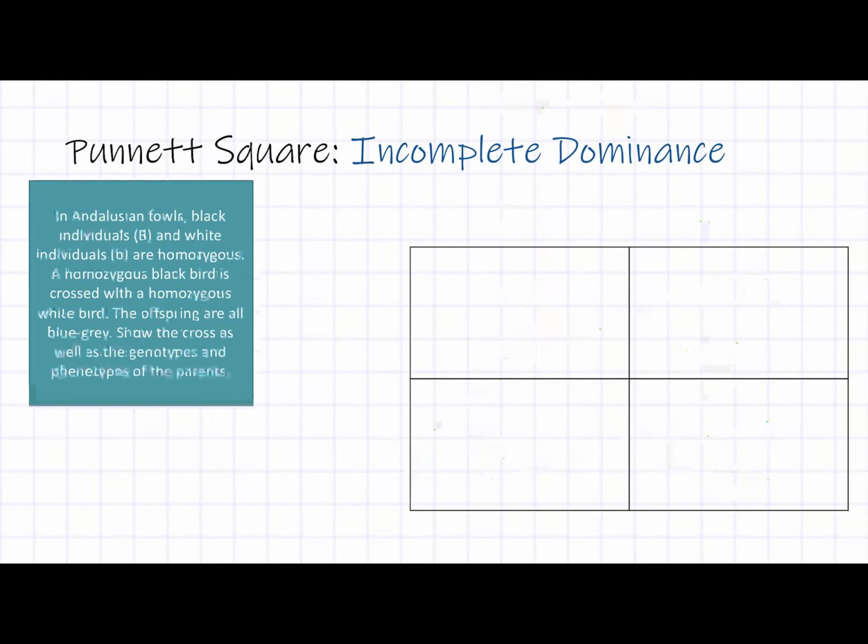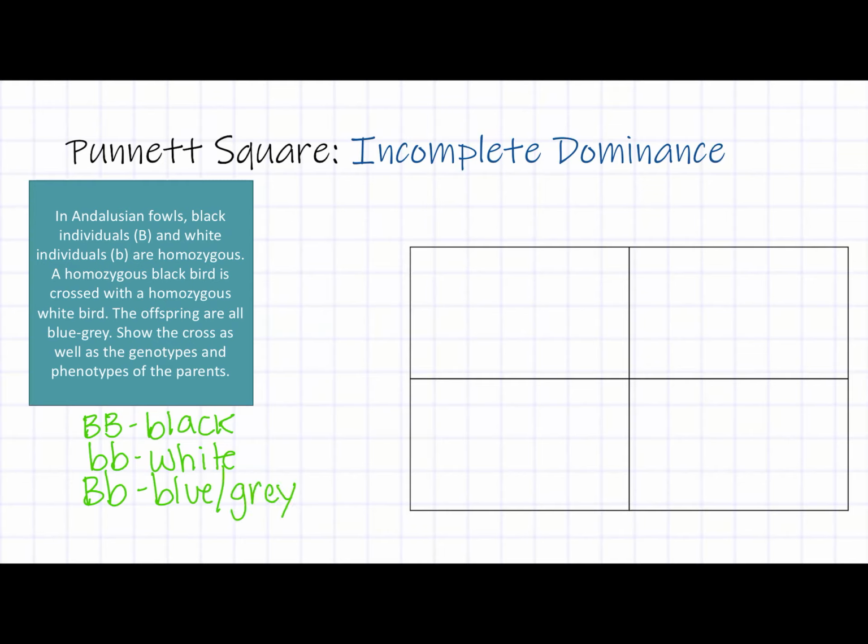Try one more. This one's an Andalusian fowl type of bird. All right, check your work. Okay, so this time a homozygous black bird, homozygous for the black, is crossed with a homozygous white.